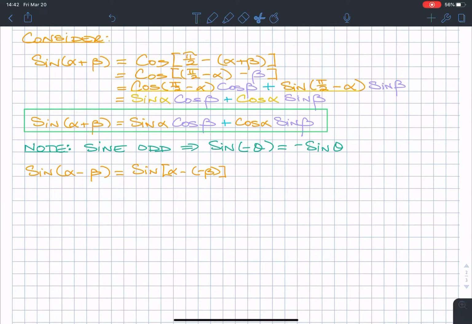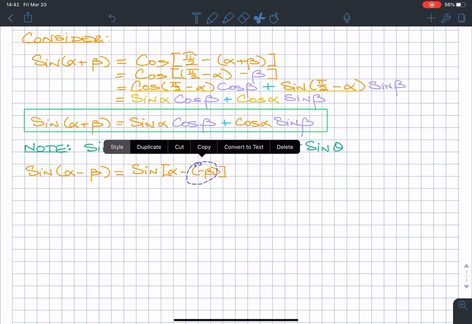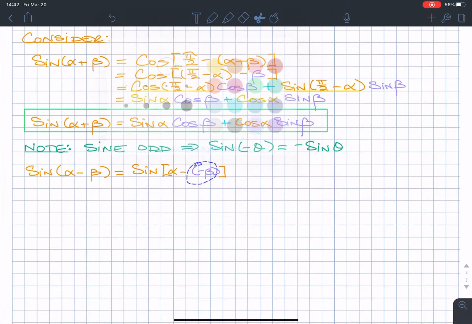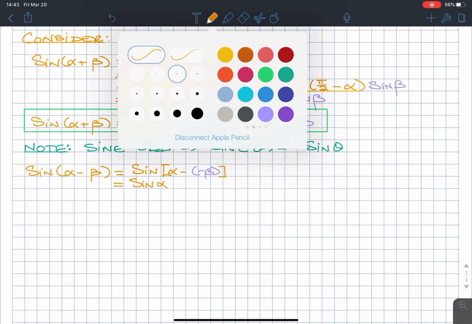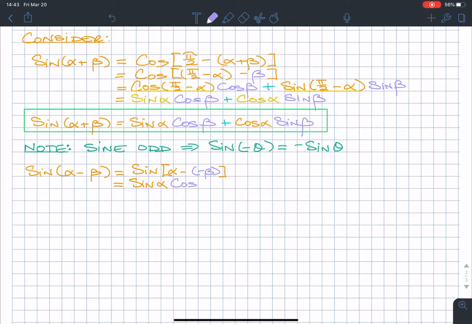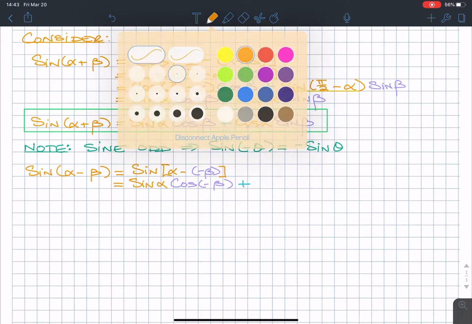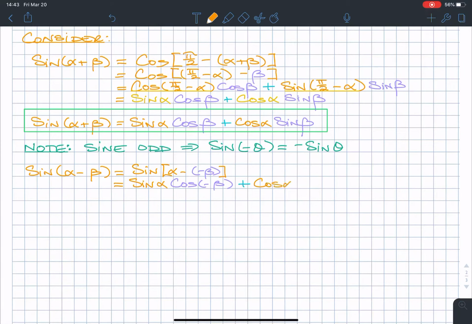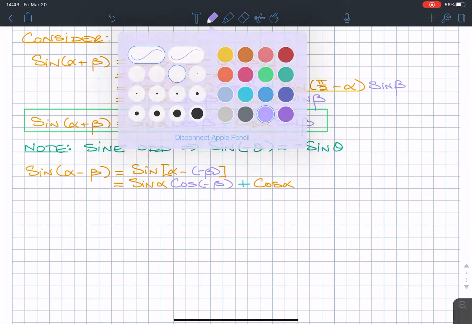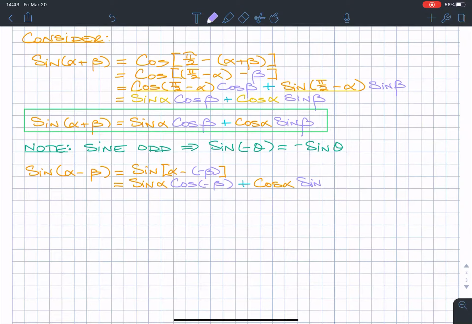Let me make that negative beta be purple. So now according to the rule above, what I do is I do sine of the first, then cosine of the second, which is negative beta. Then I do plus cosine of the first, cosine alpha, times sine of negative beta.